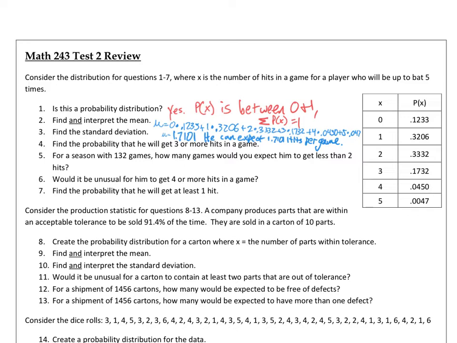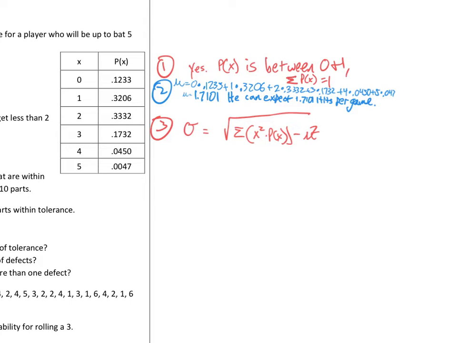All right, the standard deviation. The best formula to use here is sigma equals the square root of the sum of x squared times p of x, minus mu squared. So what you can do is square these x values: 0 squared is 0, 1 squared is 1, 2 squared is 4, 3 squared is 9, 4 squared is 16, 5 squared is 25.